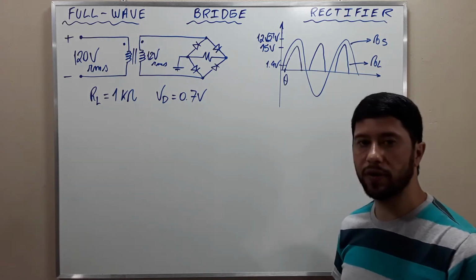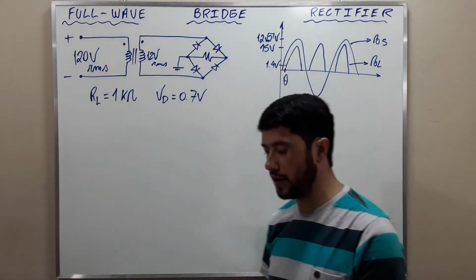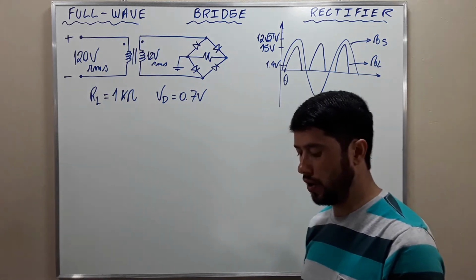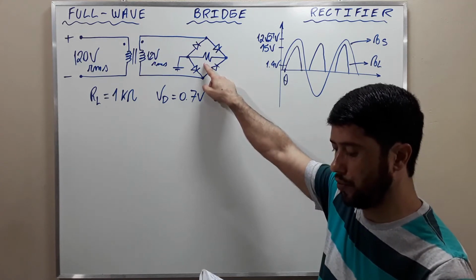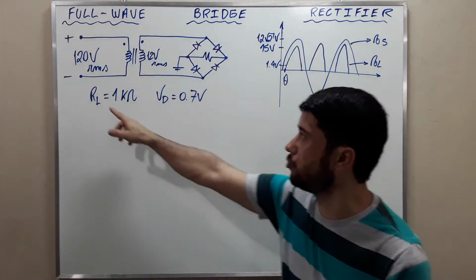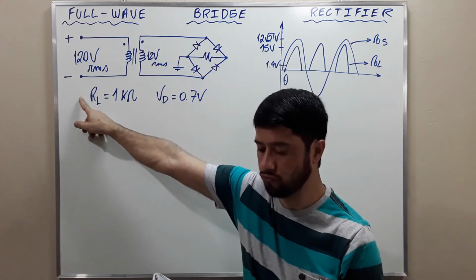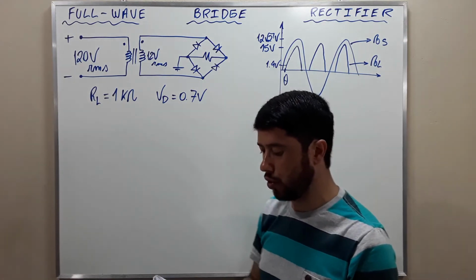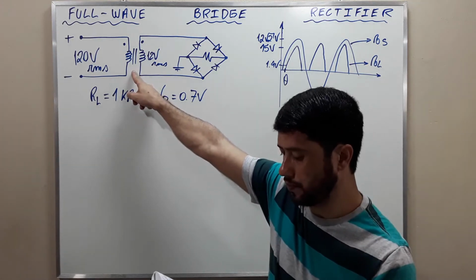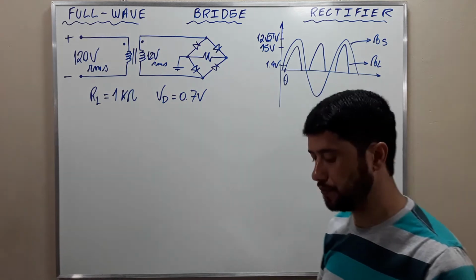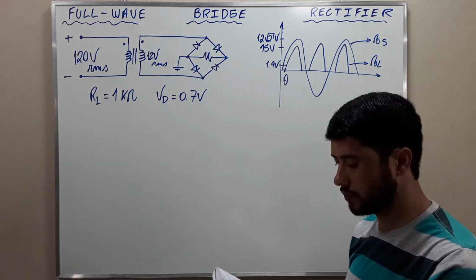Full wave bridge rectifier. A full wave bridge rectifier circuit with a 1 kilo ohms load operates from a 120 RMS volts 60 Hz household supply through a 10-to-1 step-down transformer having a single secondary winding.